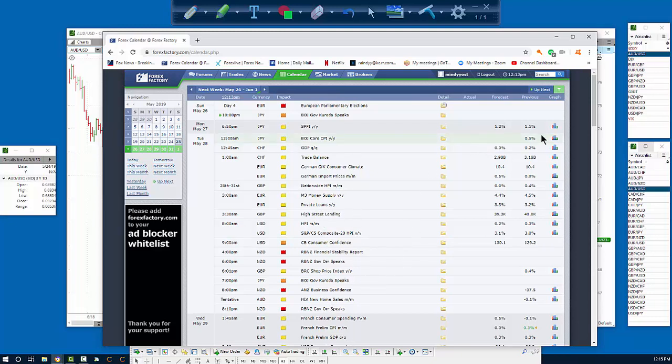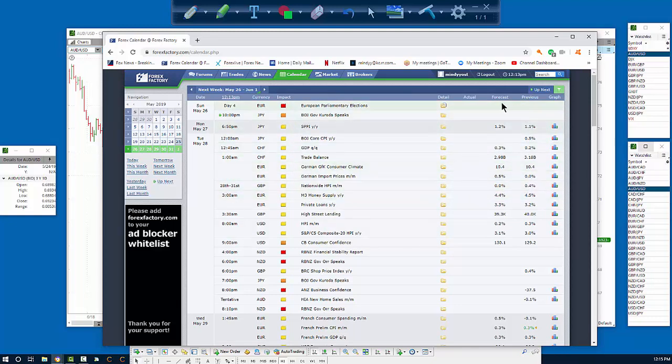There's all kinds of economic reports that happen all week. And on this side, they give you the previous month, if it's a situation that has numbers involved. Speeches don't. But if there are numbers, it tells you what the numbers were last month or the last time the report was generated.